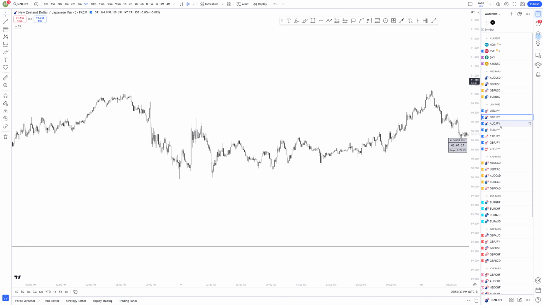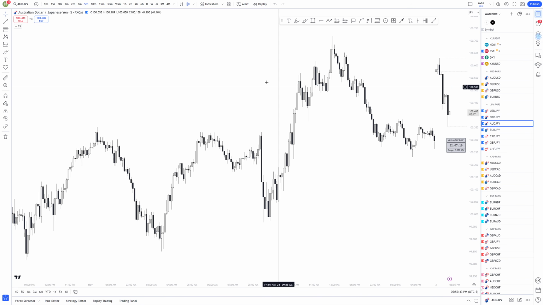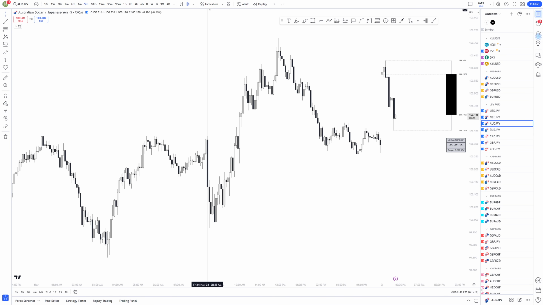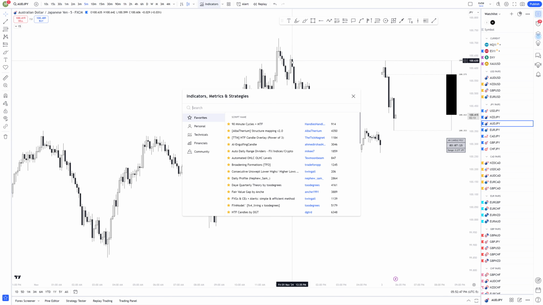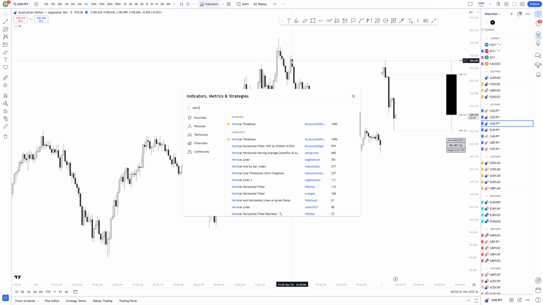So again, as you can see on my right-hand side, I have all these pairs. We're just going to put our focus on NZD JPY and AUD JPY, these two pairs. To make this very easy, go to the indicators and add an indicator called vertical timelines, right? This one here, the first one by my journal WISP.